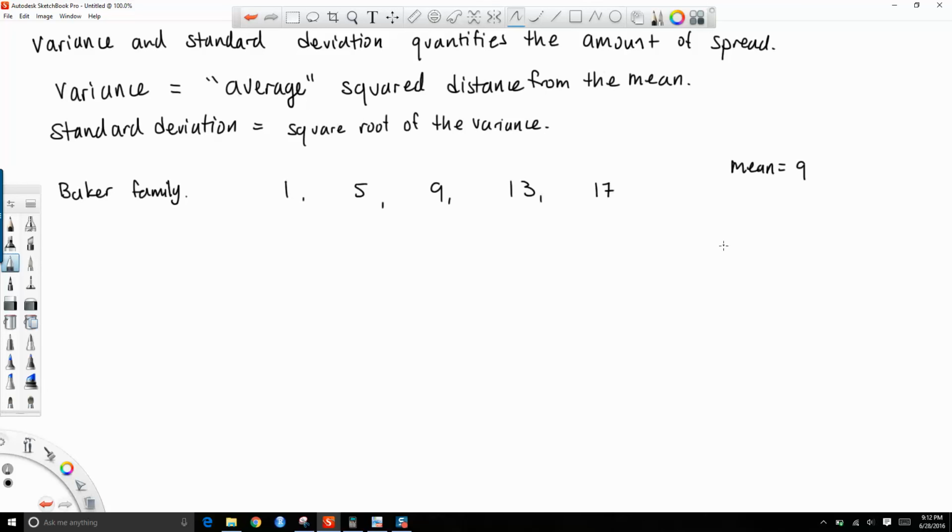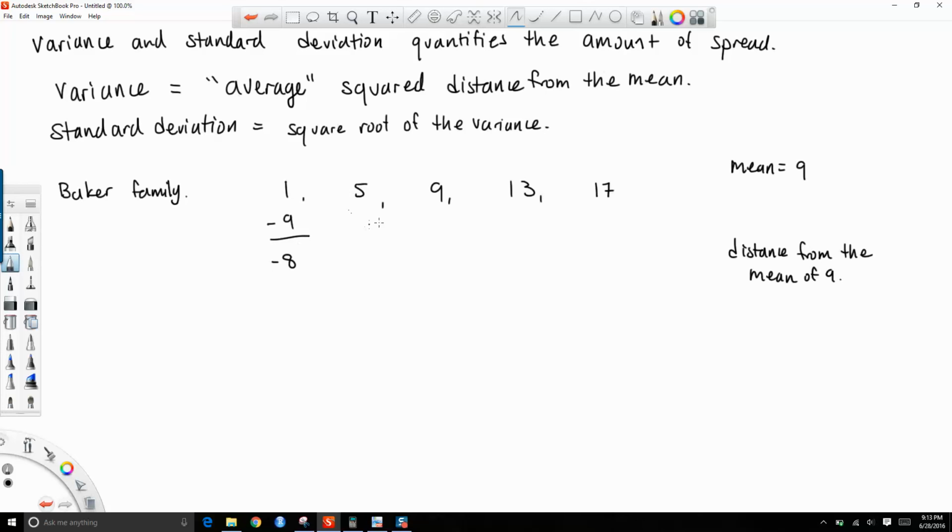Okay? So let's ask, what is the distance of each point from the mean? Okay? How far is 1 away from the mean of 9? It's 8 units away. So I could just do 1 minus 9, and I would get negative 8. It's 8 units below.